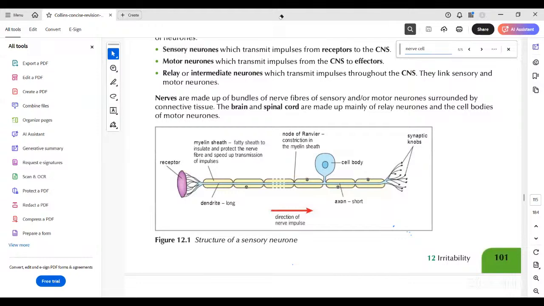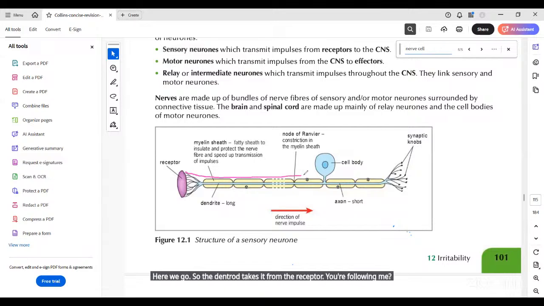Here we go. So the dendrite takes it from the receptor. You're following me? Yes, sir. To the cell body. So it receives information from the receptor to the cell body.